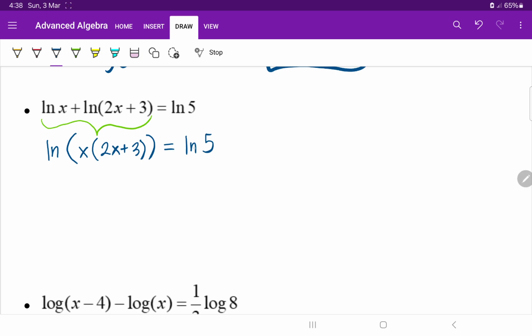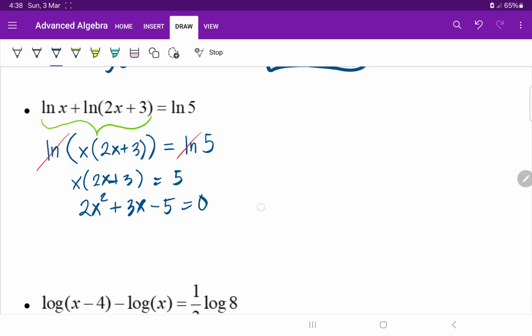So the same logarithm is applied to both sides of the equation, so we can drop down this ln. Then we have x times 2x plus 3 is equal to 5. So x times 2x is 2x squared, x times 3 is 3x, then we transpose 5 to the left side.